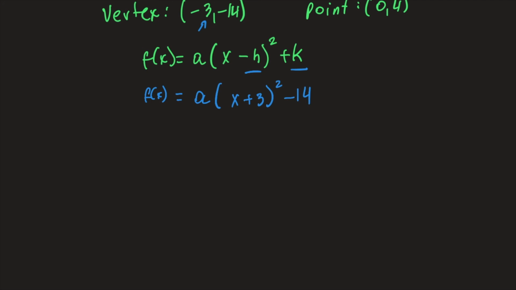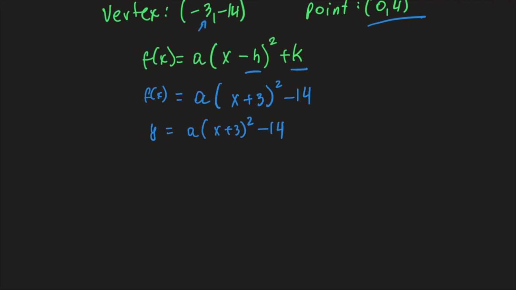Now we've taken care of the vertex. Let's use that point that they gave us and find out what a is. So f of x is nothing more than y is equal to a times x plus 3 squared minus 14.